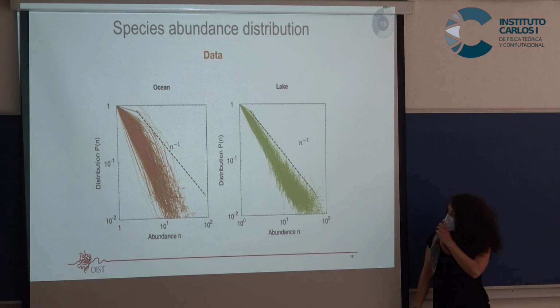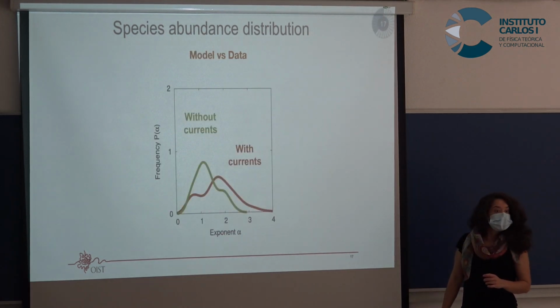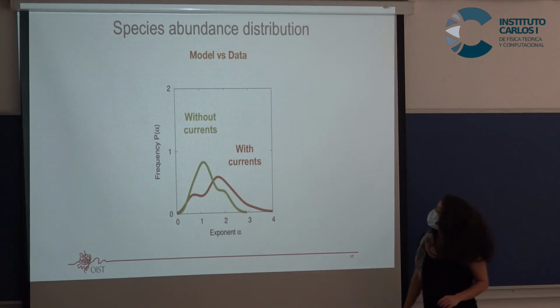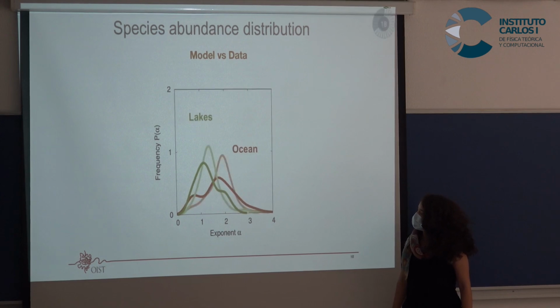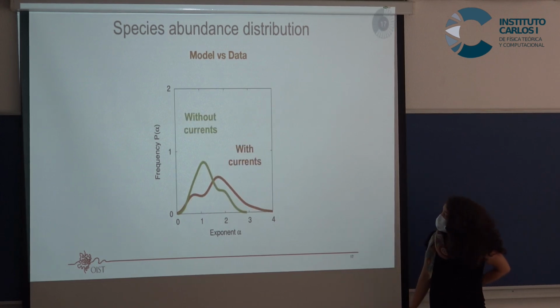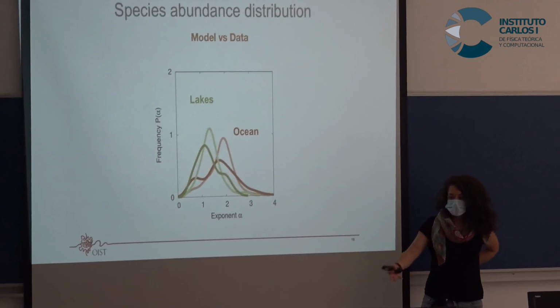What we observe is this, and to see it more clearly, we use this plot. This is our model, the dark one. The light ones are the real samples in the ocean and lakes.